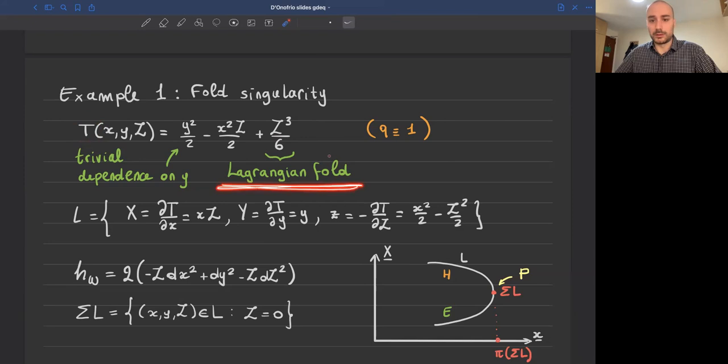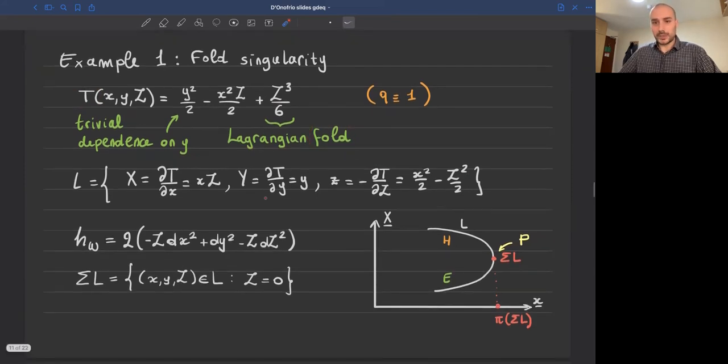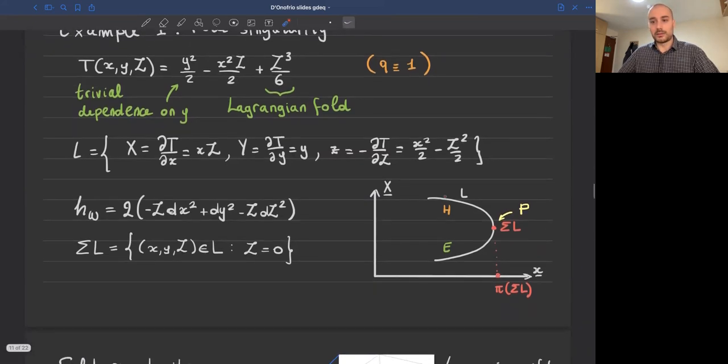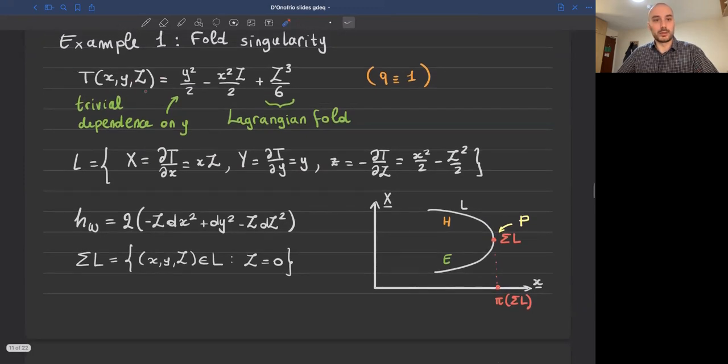Which means that our Lagrangian submanifold is going to look like this. There is just one fold somewhere, at least locally, as long as we can use t as a description for L.